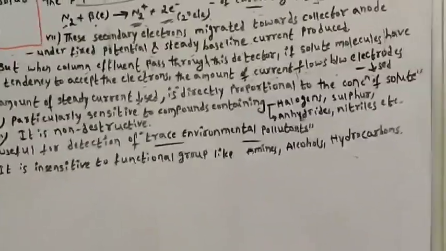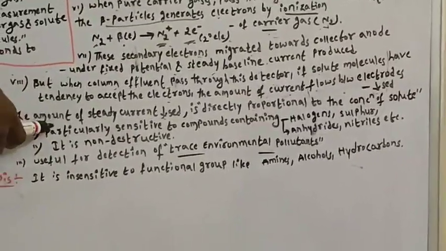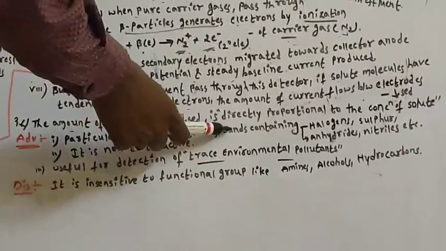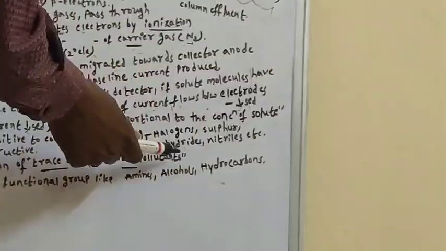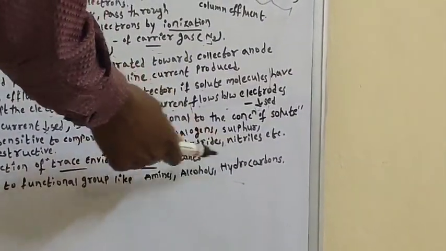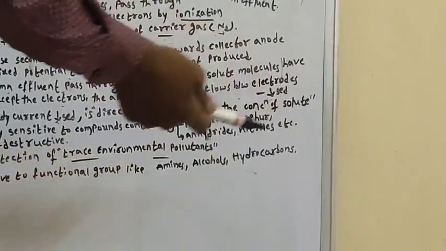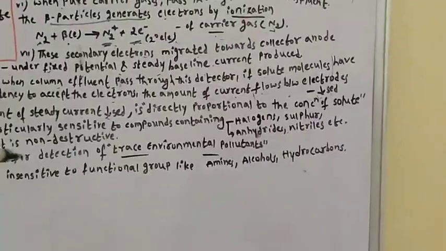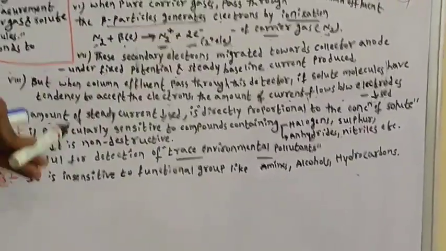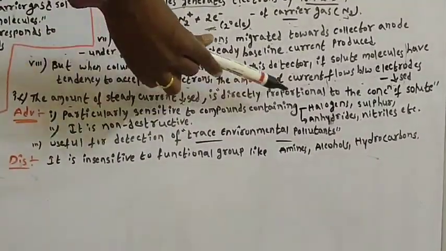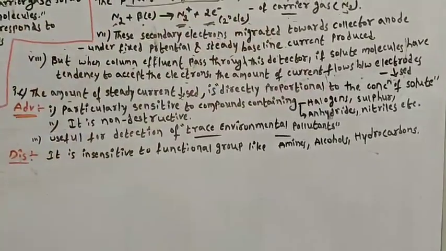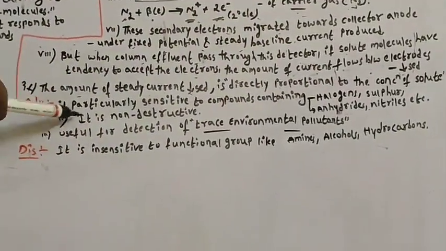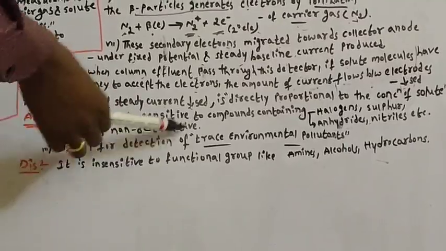Then advantages: it is particularly sensitive for compounds containing halogens, sulfur, anhydrides, nitrides, etc. Means all electronegative groups, mainly halogens. Second, it is a non-destructive detector.